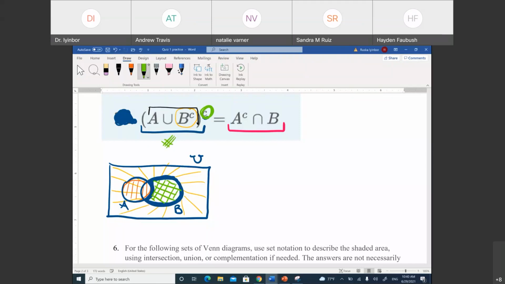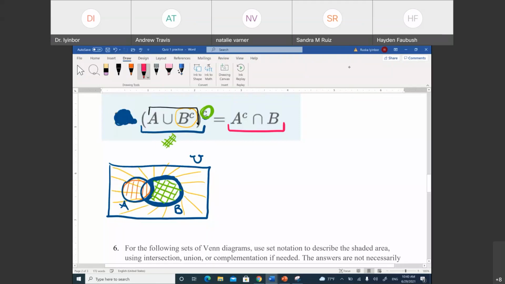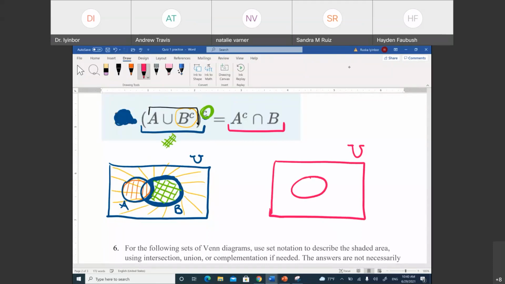Now let's look at the other one. Let's look at the pink side, the other side. So I'm going to start again with the universal set. We have set A, we have set B. We have to start with A complementary first.